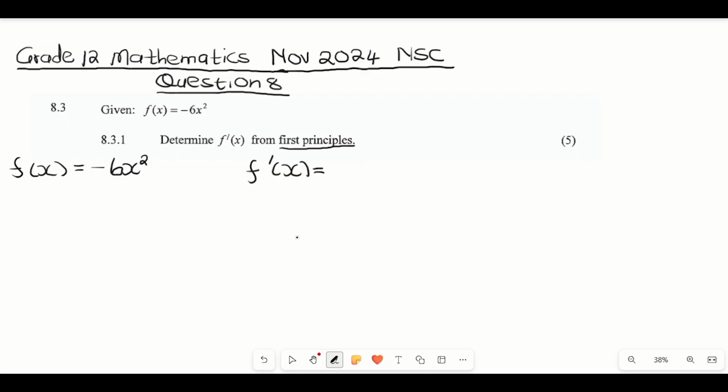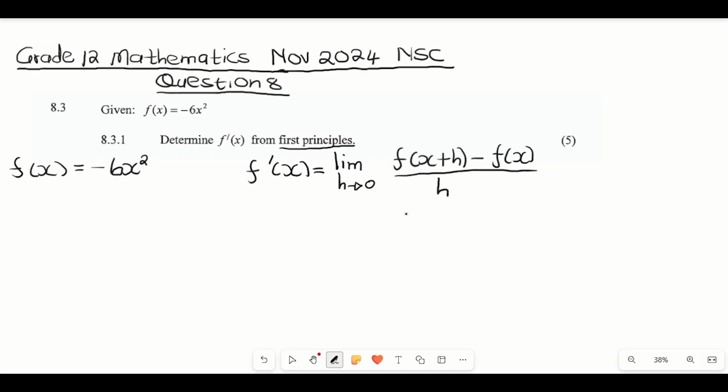So the moment you are asked to find the derivative of a function using first principles, just know that they're telling you to use the formula f prime of x equals the limit as h approaches 0 of f of x plus h minus f of x, all over h.